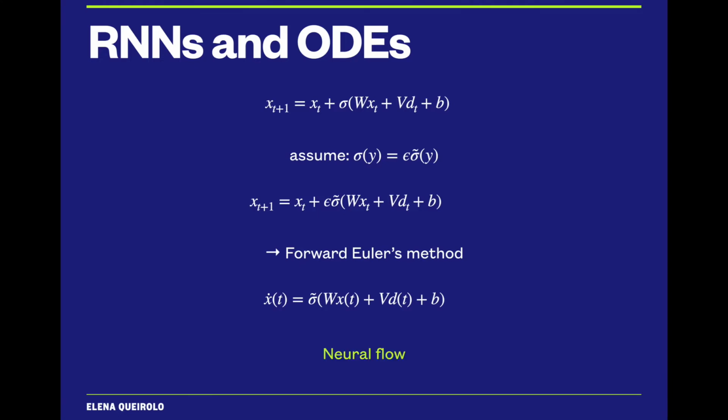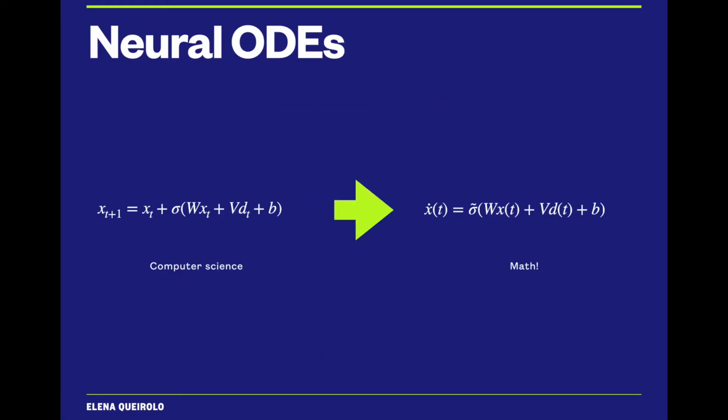We call this new formulation neural flow, and I find this extremely important because it allows us to go from a computer science environment to a mathematical environment in which we have techniques that have been developed over hundreds of years, quite literally, that allow us to determine the dynamics behind this ODE that we're looking at. So we are dropping the computer science background to be able to use in full the techniques we know best.